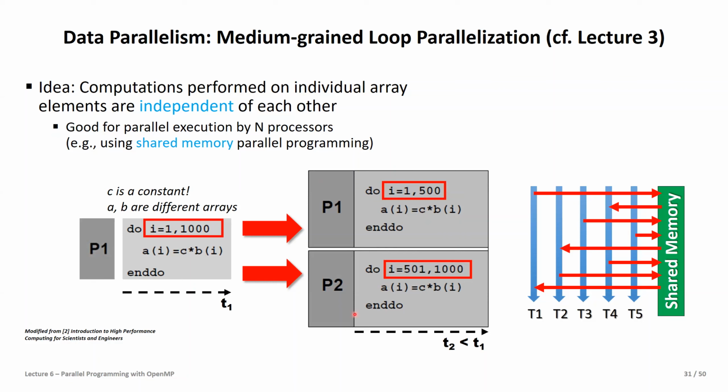And this is essentially what the OpenMP directive will do for you. If you put it in front of loops, it will break down the loops into different threads. That basically means that the runtime, with these 2 threads used instead of just 1 thread, would give some speed up.